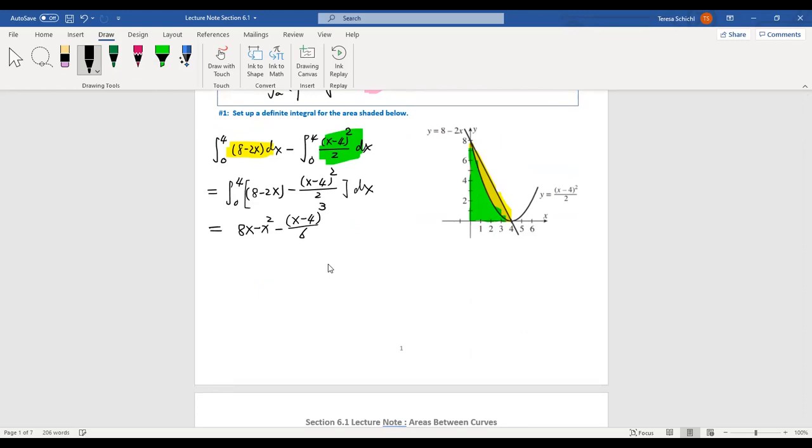So this will be (2x minus 4) to the third. Then you substitute the 0 and the 4 here. The answer is already calculated: it will be 16 over 3. It's pretty straightforward, and intuitively it's kind of easy to recognize, right?